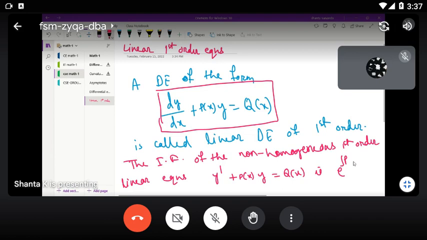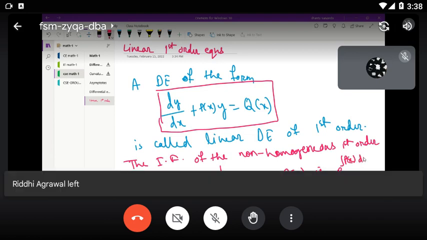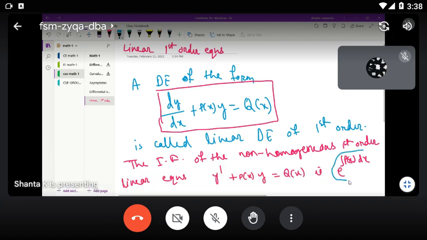So anytime you have an equation of this form, without thinking, you simply use the integrating factor e^(∫P(x)dx).